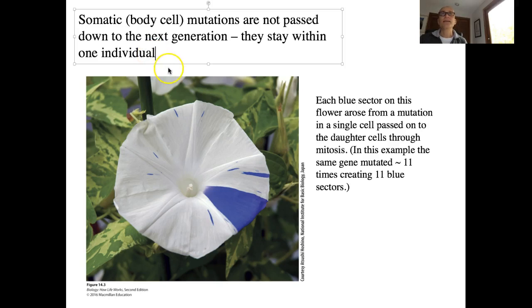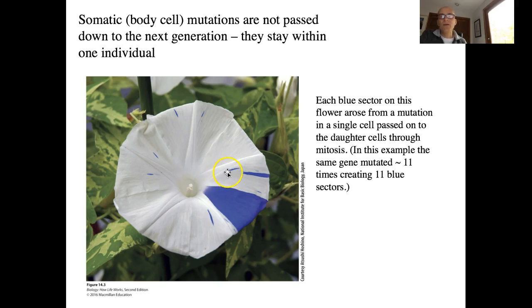And so here's an example of somatic mutations that will not be passed down to the next generation, in this morning glory plant. Each blue sector that you see here is the result of a mutation, and that mutation allowed the petal tissue here to produce a blue color.